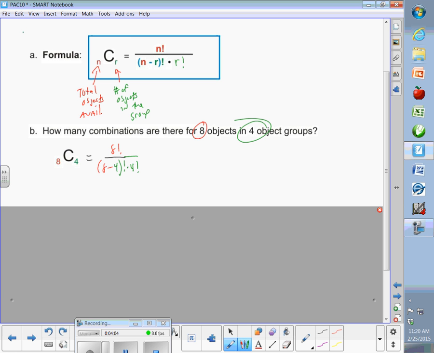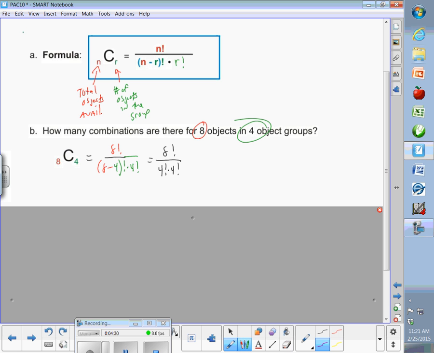Let's simplify this. Pay attention here because there are a couple of important aspects. The top stays 8 factorial. The bottom is a 4 factorial times another 4 factorial. So we get 8 factorial over 4 factorial times 4 factorial.